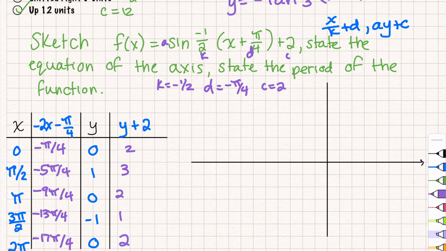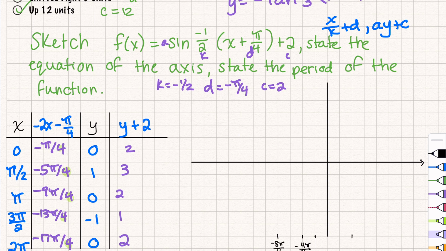So notice all our denominators are 4, which is great. Our lowest value is negative 17 pi over 4. So let's go up by 2's here. So I'm just going to write the intervals here. So this would be negative 4 pi over 4, negative 8 pi over 4.